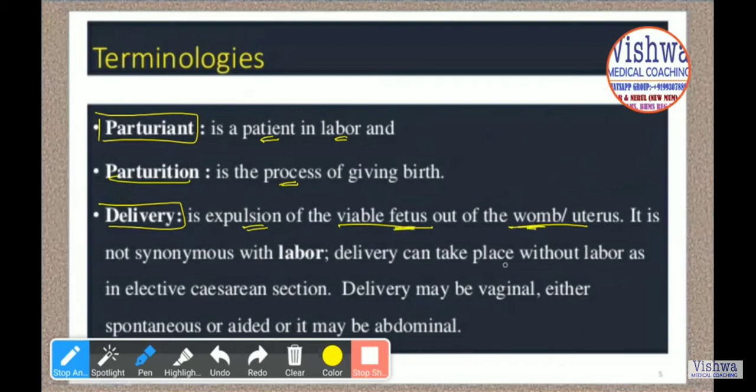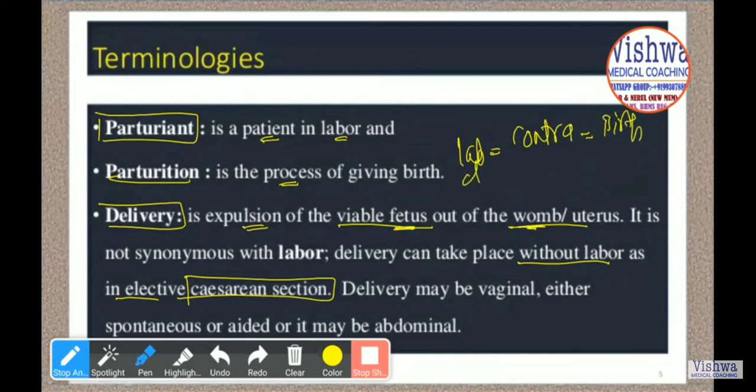Delivery can take place without labor also, as in the case of cesarean section. Remember, labor is always initiated by contractions, giving out the birth of the baby, whereas delivery is the expulsion of the products of conception even without contractions, and that is a cesarean section, commonly called LSCS.